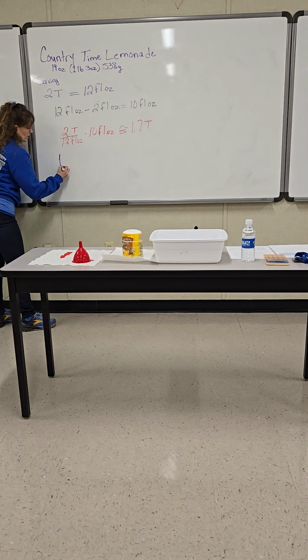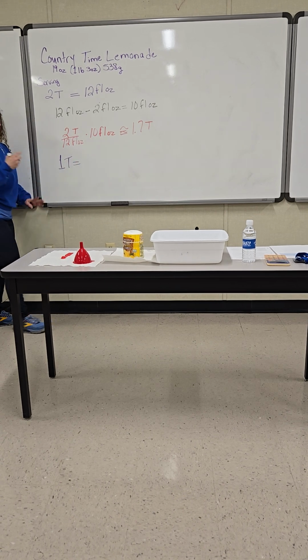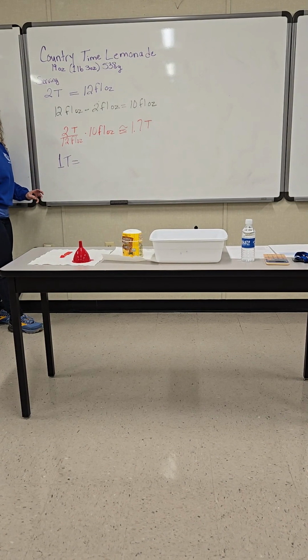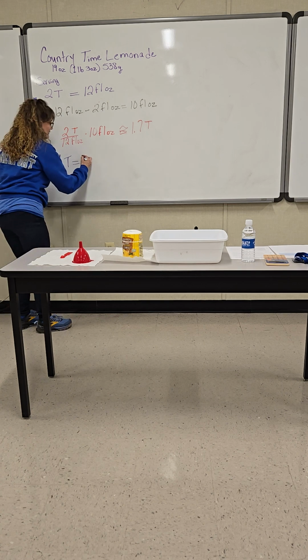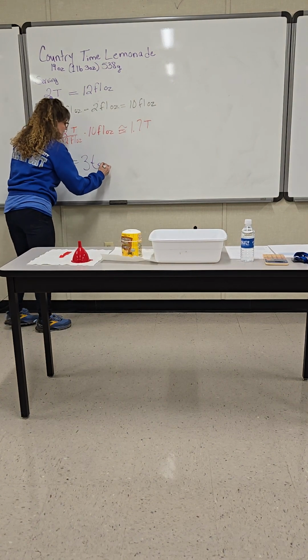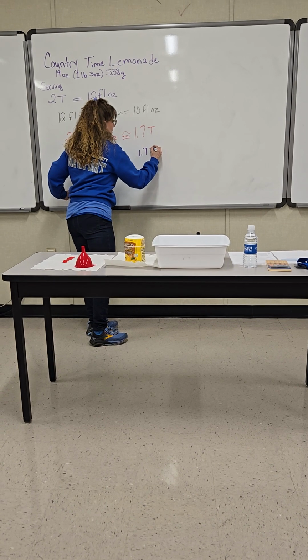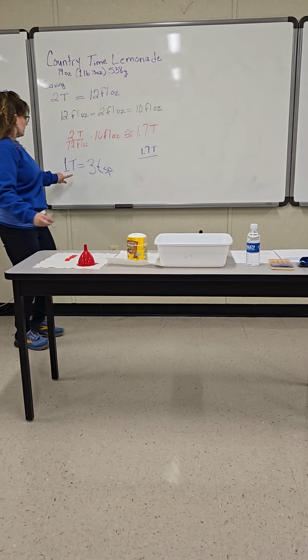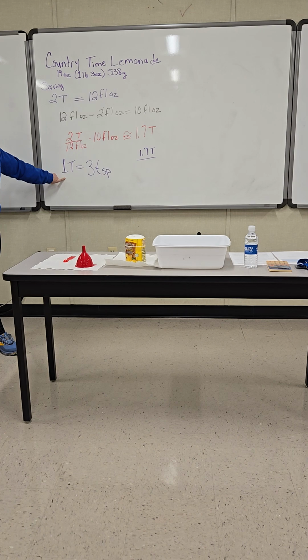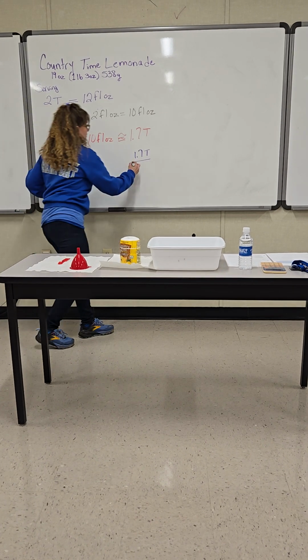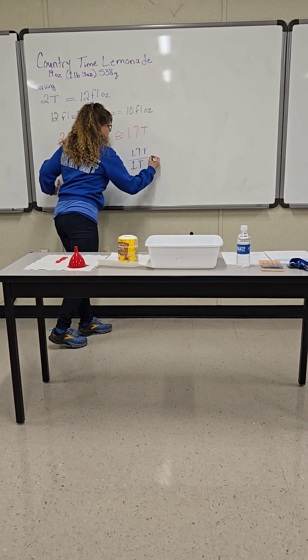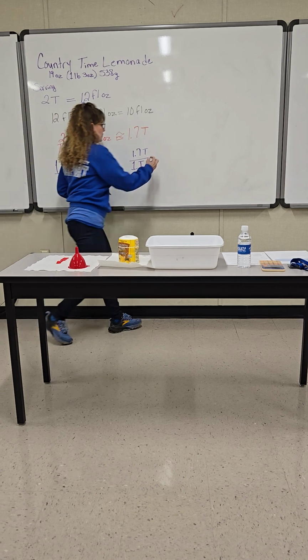We know for every 1 tablespoon, anybody want to tell me how many teaspoons that is? 3. 3 is correct. Very good. 3 teaspoons. All right, so now let's solve for this. I'm going to take my 1.7 tablespoons, divide it by the part that we know that's going to reduce the unit, so it's going to be 1 tablespoon, then multiply it by the part we know that we want.